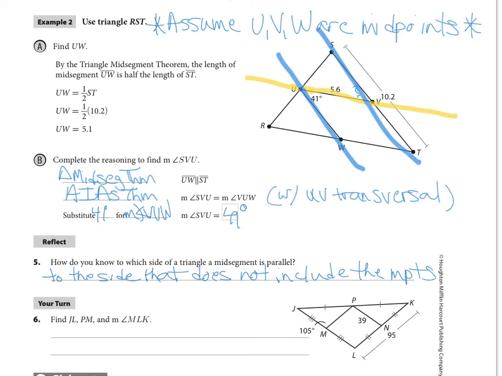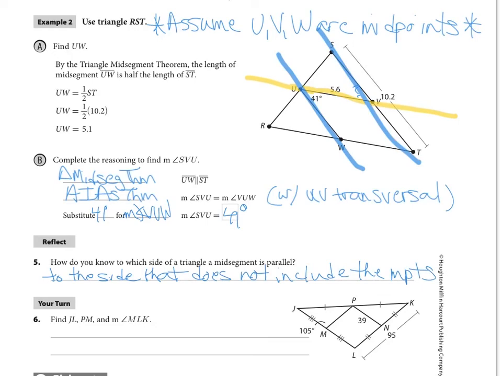So you're going to use the idea of alternate interior angles or possibly corresponding angles, depending on which angle you're being asked about, but parallel lines are always going to come into play, as is half the distance of the third side for the midsegment length.